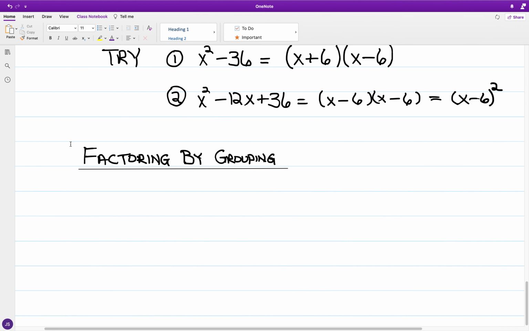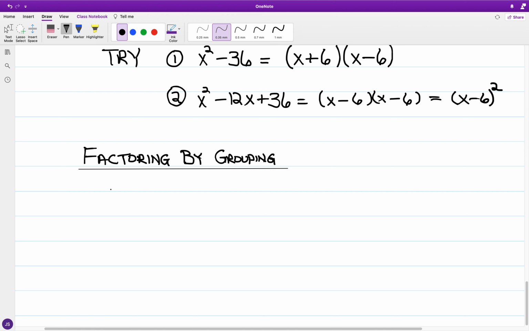Now for what we have in the case of factoring by grouping. Let's say you're looking at factoring something like 3x squared plus 19x plus 20.